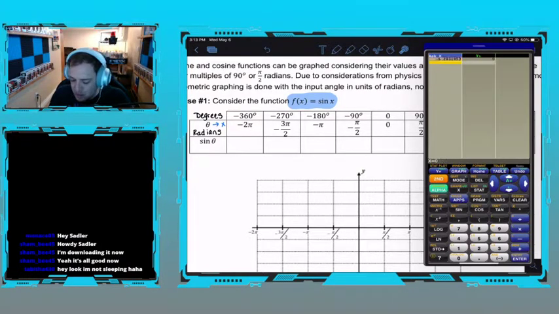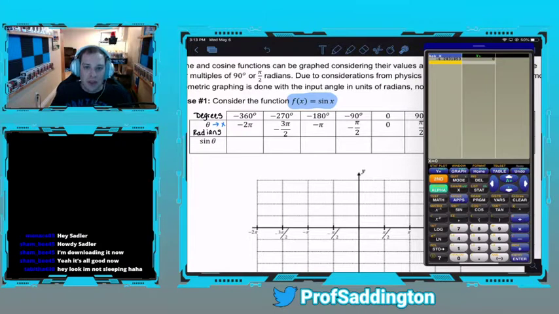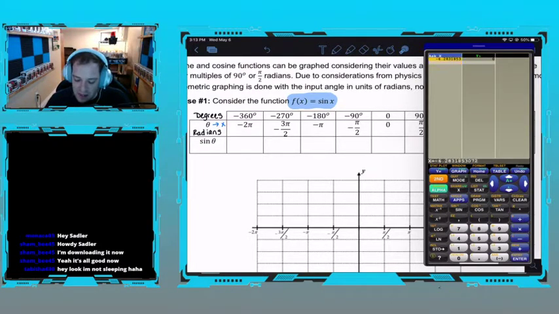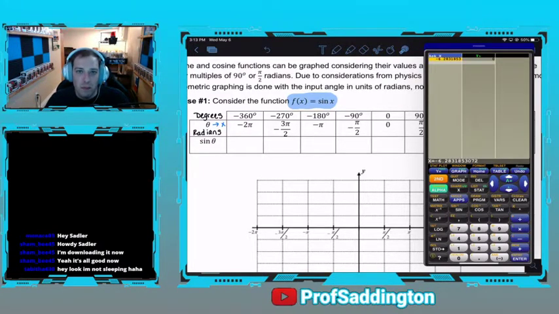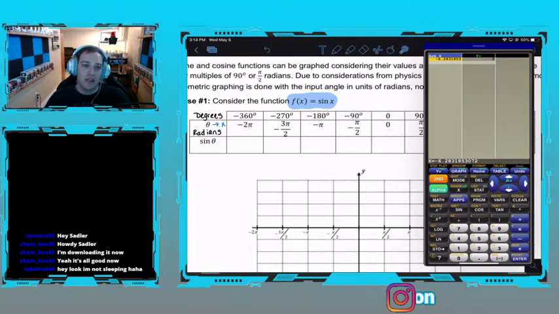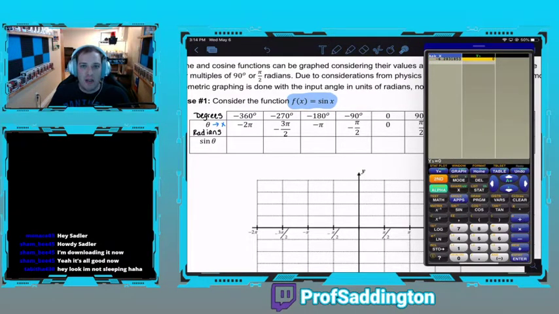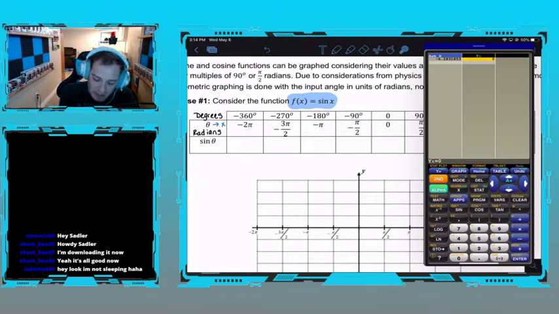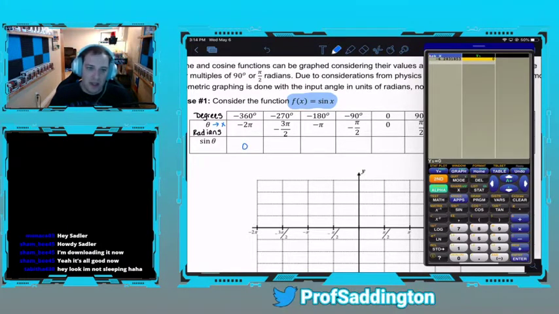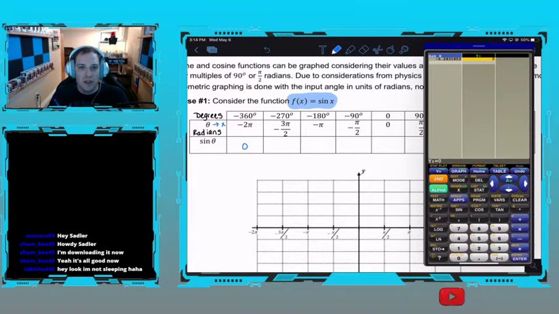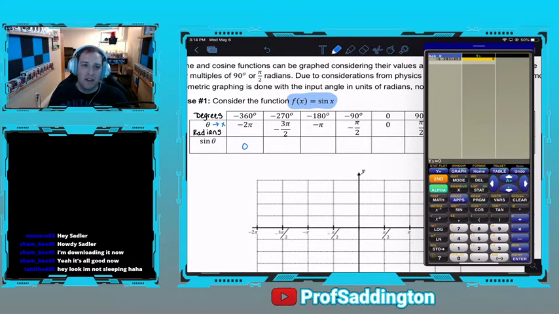And I'm going to press enter. What the calculator just did, on the left side here, it says negative 6.2831853. That is negative 2 pi. Your calculator solved it. What we care about is the answer that popped up in the y value. And the answer that's popping up right now is 0. So we just found the first answer using this thing called the ask function.